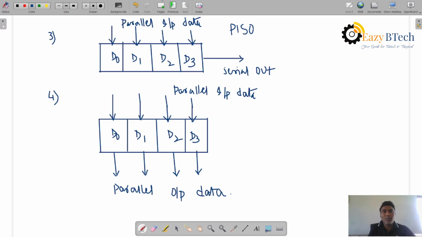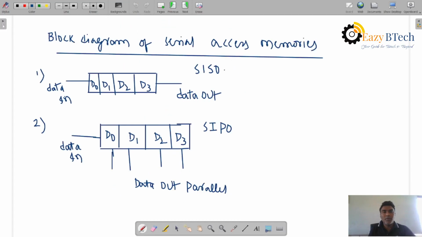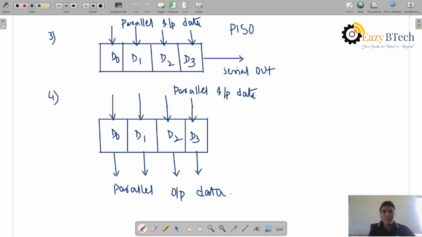This is about the four types of block diagrams: serial in, serial out; serial in, parallel out; parallel in, serial out; and parallel in, parallel out. These are the four types of serial access memories, right?